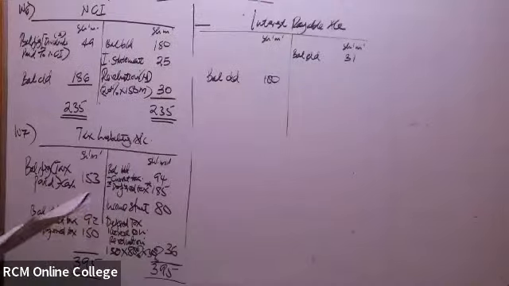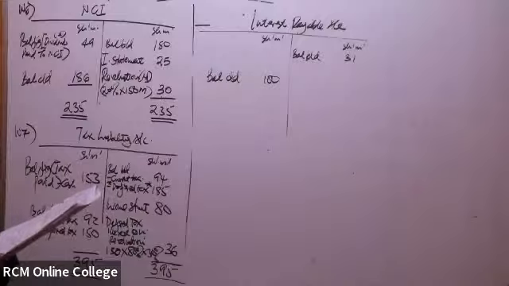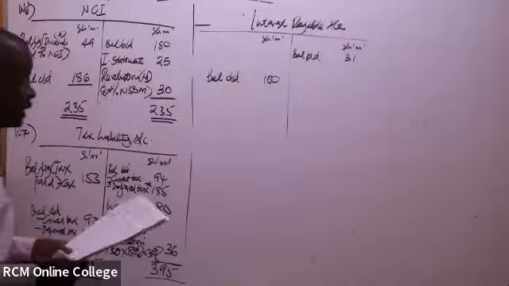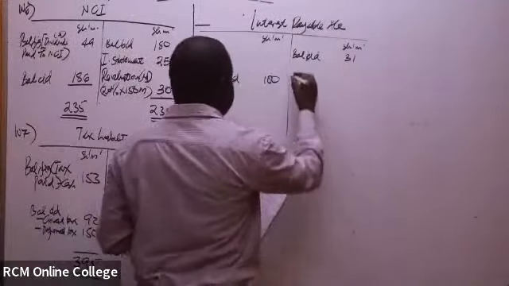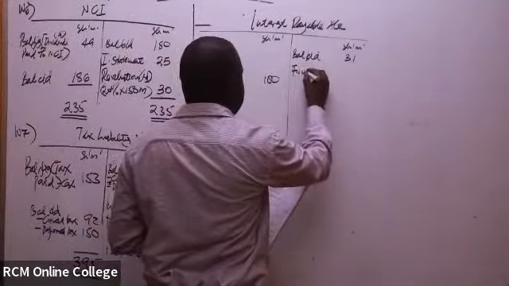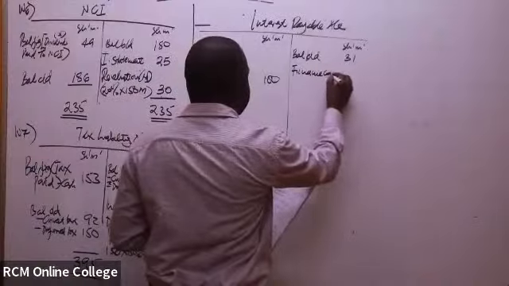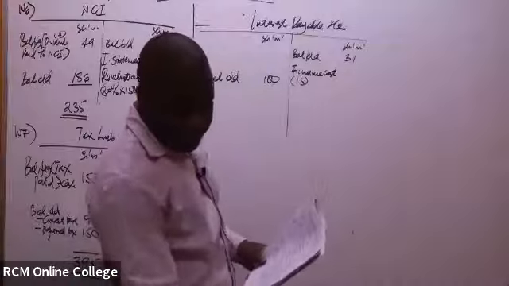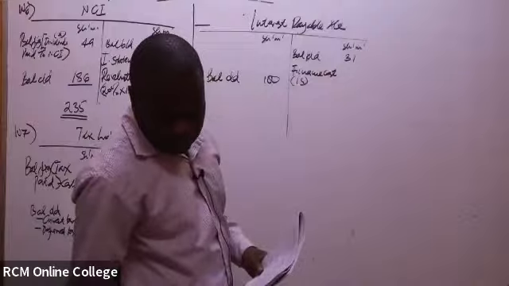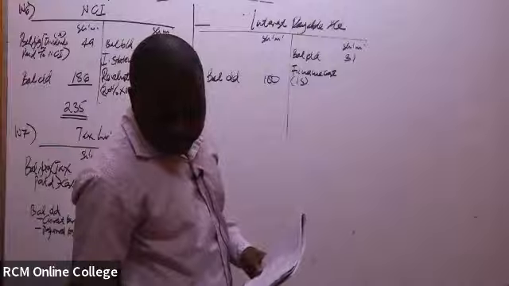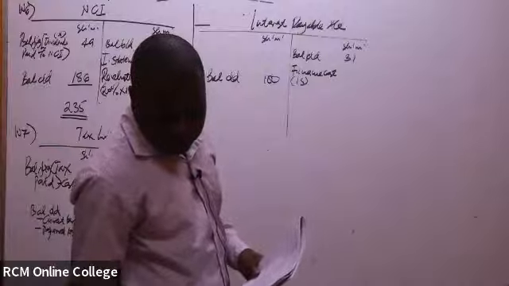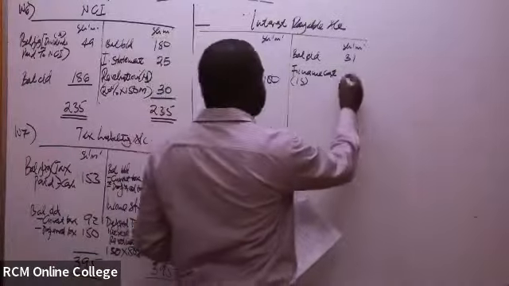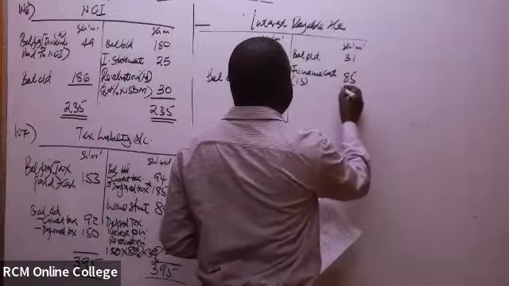Finance activities. If you look at the income statement, there was the finance expense they incurred during the year, which is an amount of 85. So finance costs in the income statement were 85.